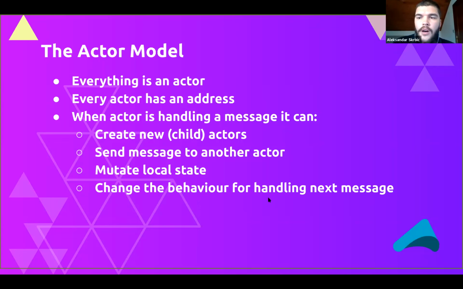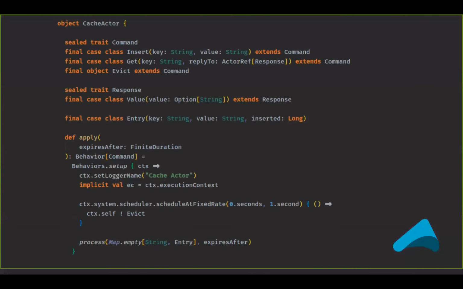And now, when we have the theoretical knowledge, I prepared two quick examples to help you quickly get some patterns of how you can implement your actors. So imagine that we need to implement some cache with an eviction policy.